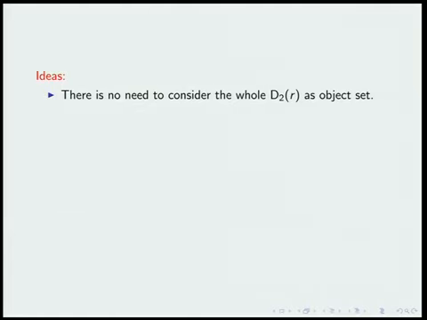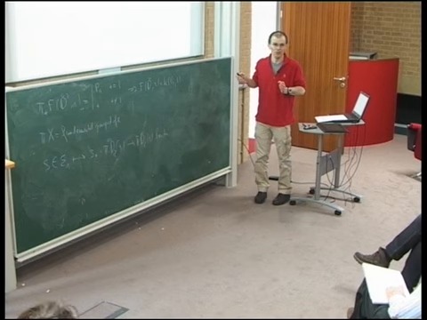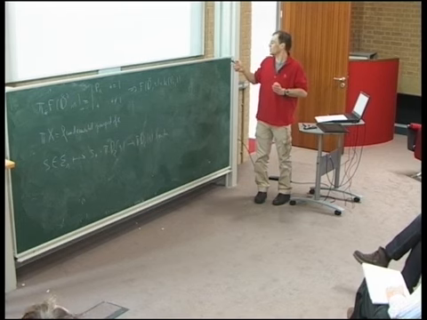Okay? So some ideas. One point. Okay, so I took D2R as object set, but there is no need to take the whole space D2R. It's just sufficient to take a subset which is preserved by the operadic composition structure. And so the space is connected.